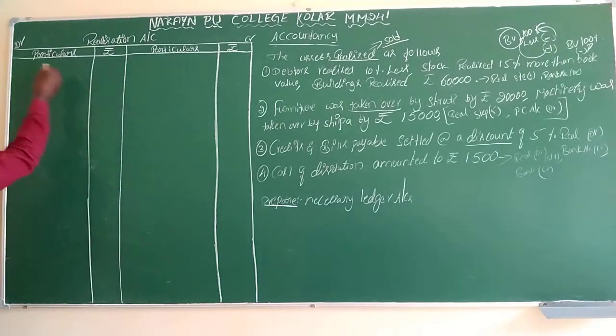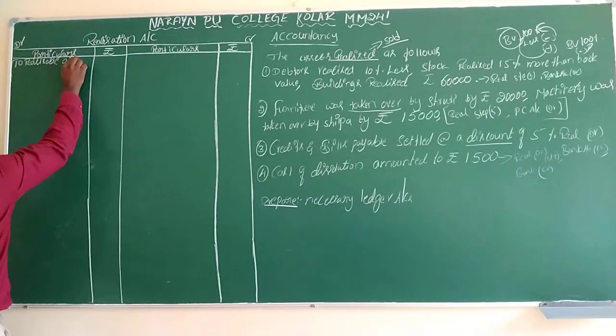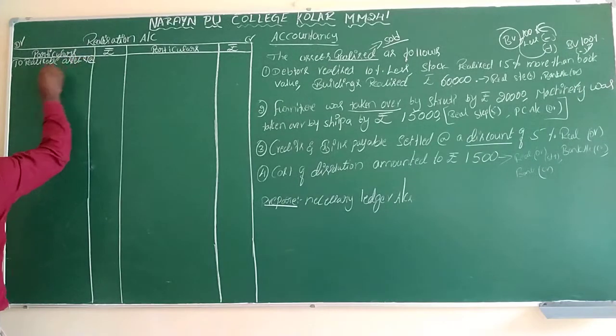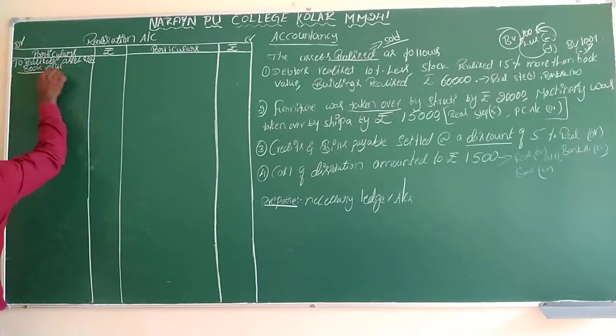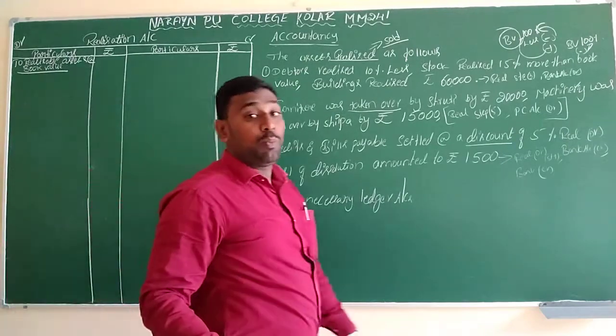So in step number 1 we write realizable assets at book value, and we should underline this concept.